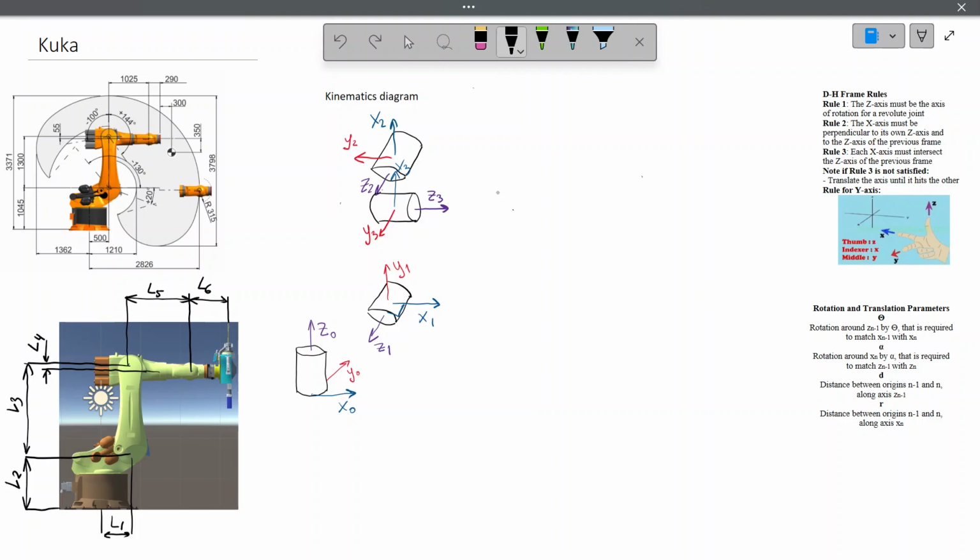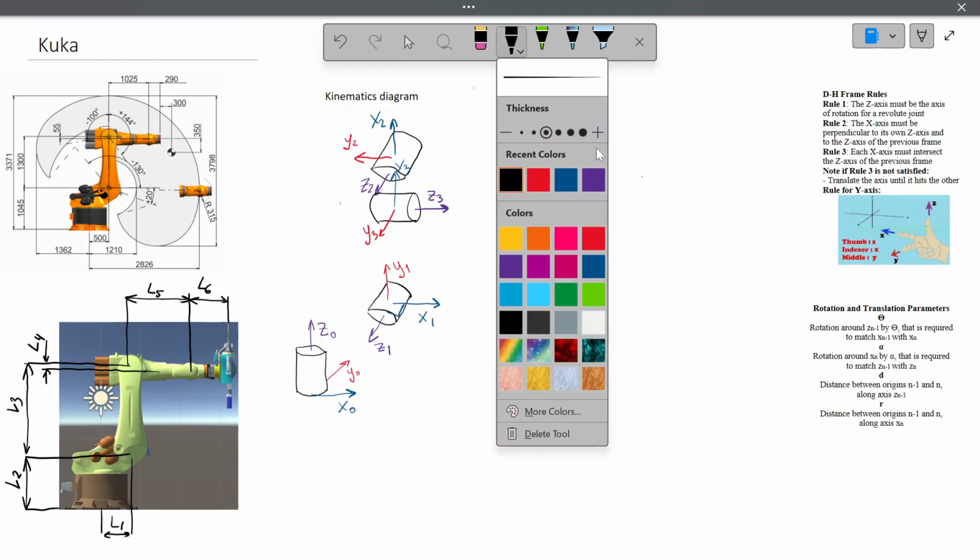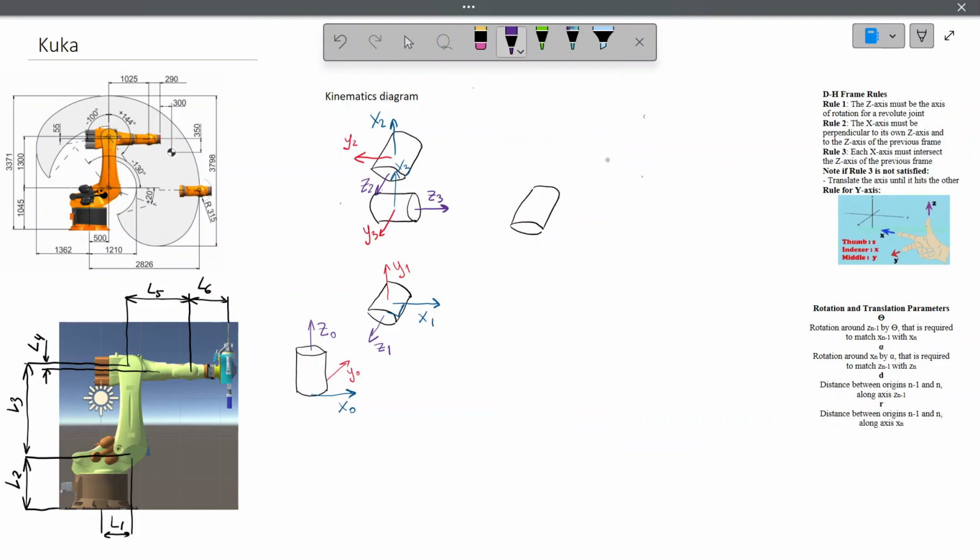For example, we draw this way here. So the same axis. Next we start again from the z-axis. So this will be z4.